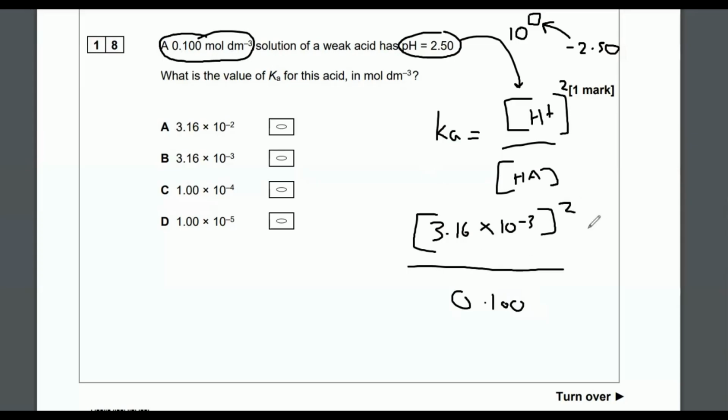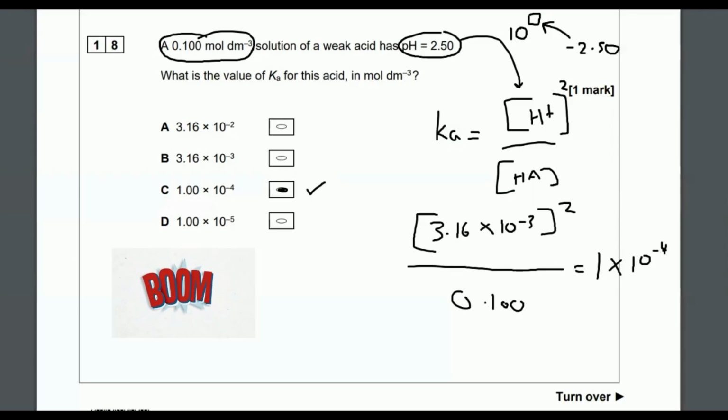I nearly forgot about that. If you square that, you get about 1 times 10 to the minus 5. Now divide that by 0.1, and you're going to get 1 times 10 to the minus 4. So our Ka is 1 times 10 to the minus 4. And there we go.